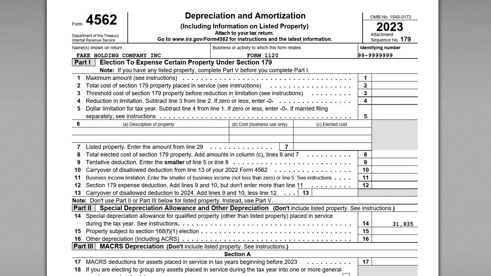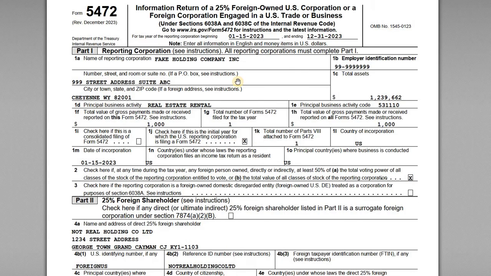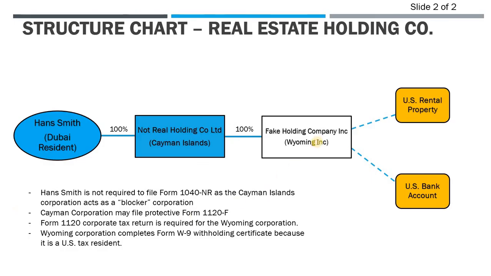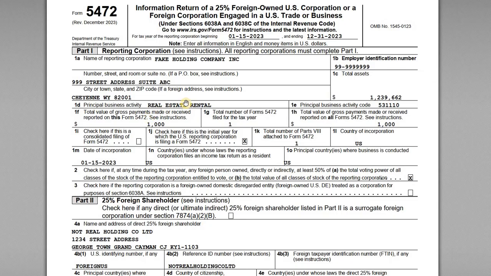Let's now have a look at the 5472. So remember, our structure chart here, we've got a U.S. corporation with a foreign owner, both directly and indirectly. And so generally you need to be filing the 5472 to disclose that foreign ownership and enter any kind of other reportable transactions.